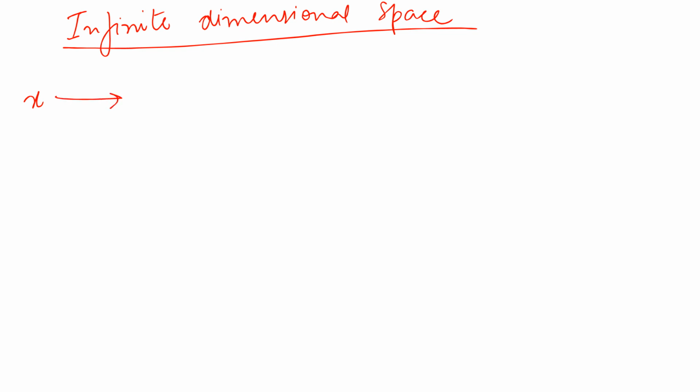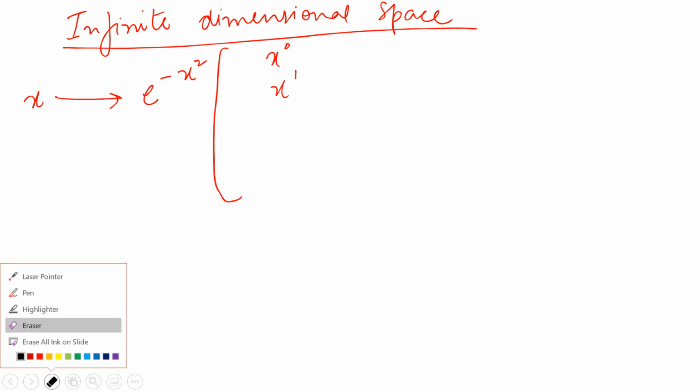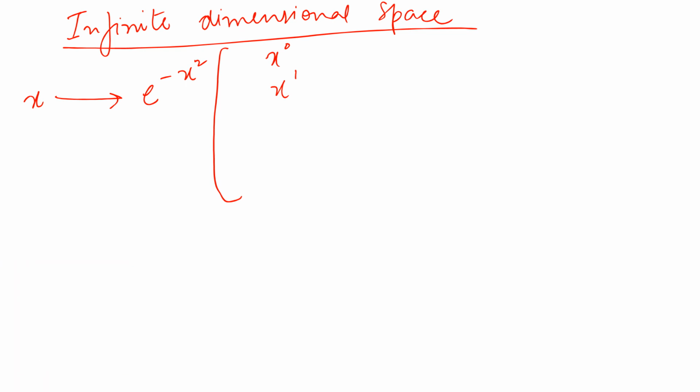So the one example is this is my x. Remember, I'm going into infinite dimensions, and let's say my x and x prime are something like this. So it's e to the minus x squared. This is a very standard way of expressing this kind of dimensional data. And so I'll have x to the 0, x to the 1, x squared, then x cubed, x to the fourth, and maybe so on up to x to the k, and then it goes on. I don't know where it stops, right? These are just the powers, because I'm assuming that I have done the transformation to that higher dimensional space.